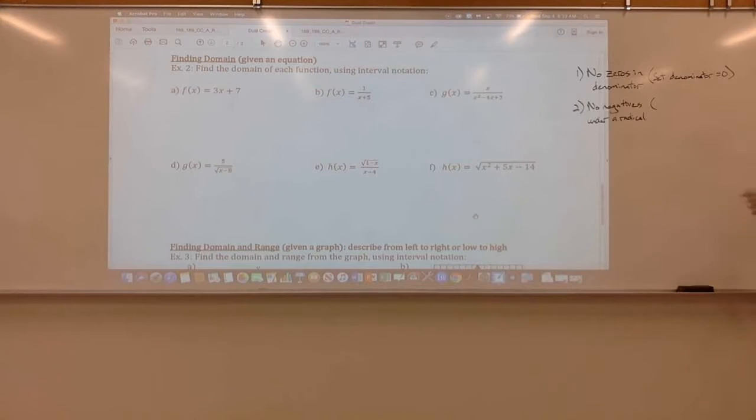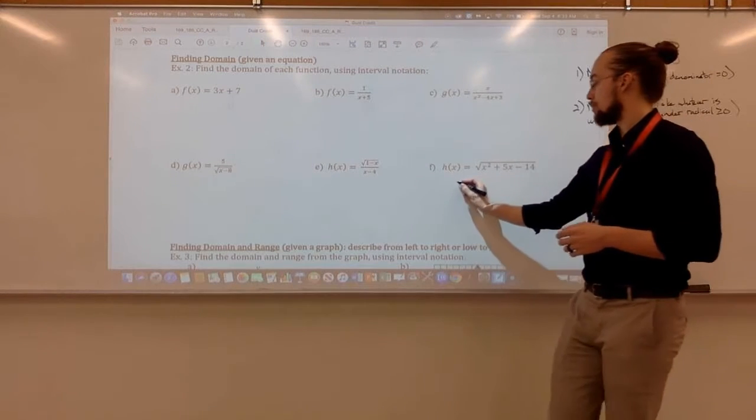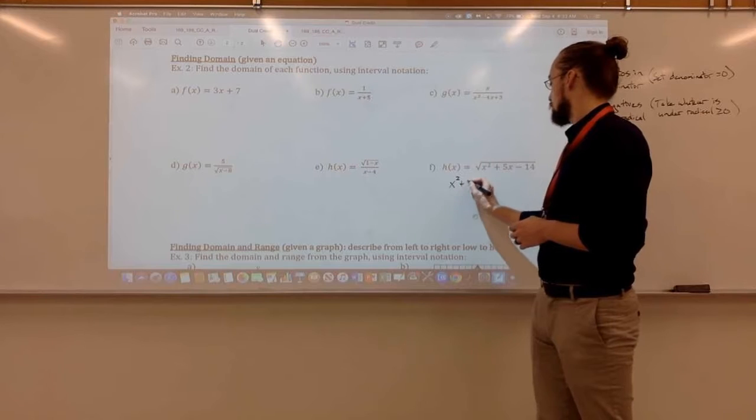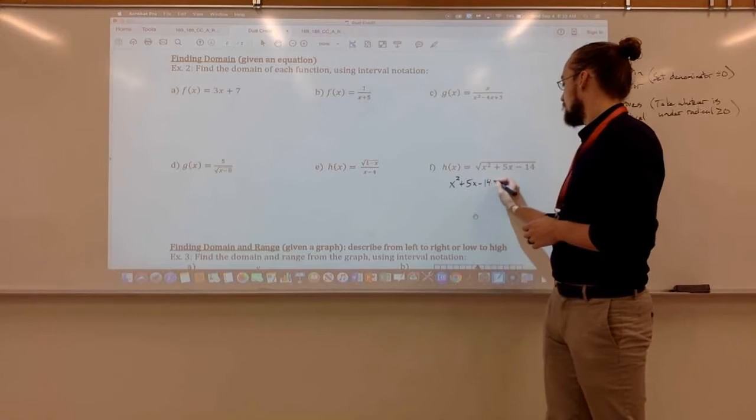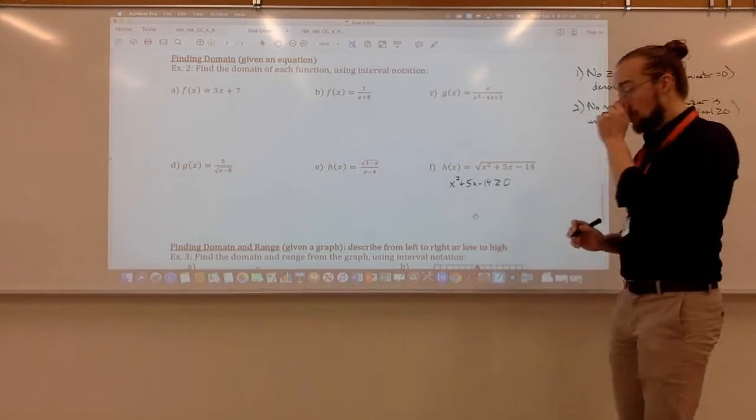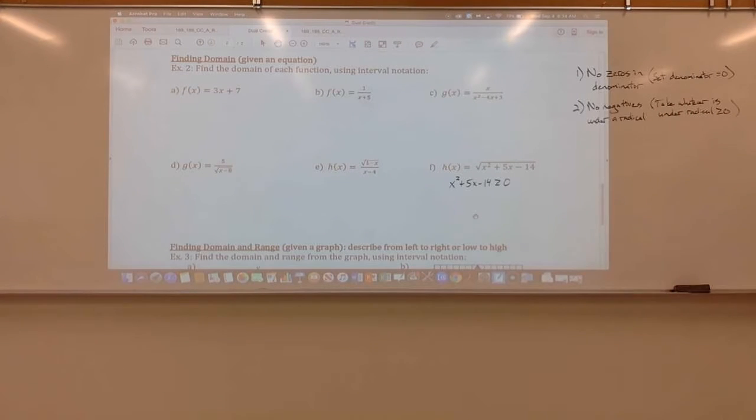Say that has to be greater than or equal to 0. So here we said, well, we have to take x squared plus 5x minus 14 and say that has to be greater than or equal to 0.